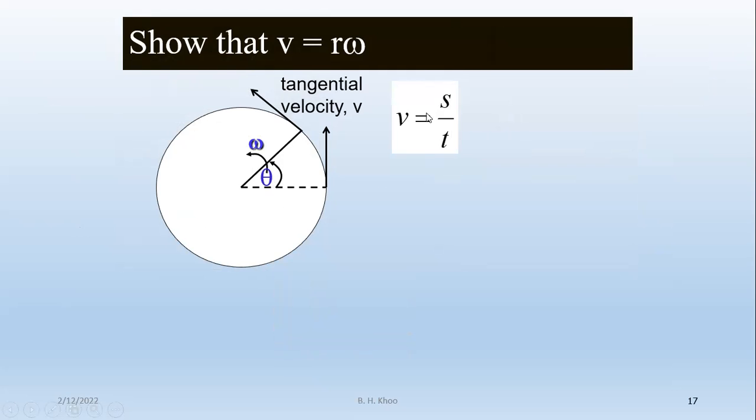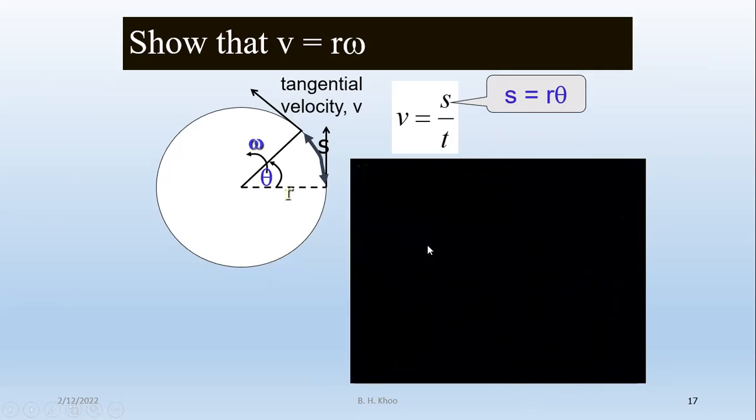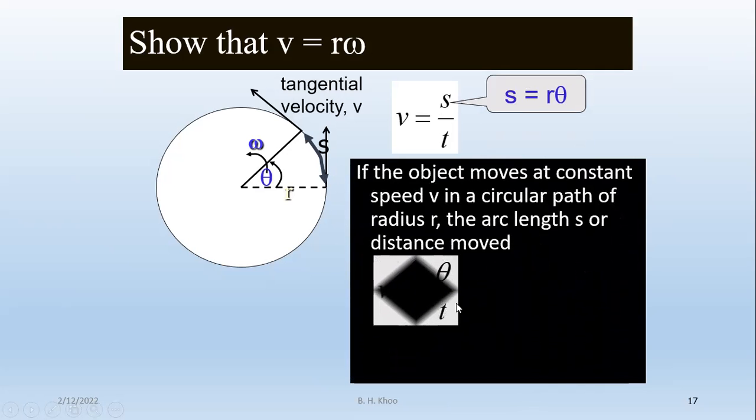And then there's omega. So we have v equals to distance divided by time. That is the distance, not displacement. That's the arc length s divided by the time t. And that's the radius. So we replace the s with our r theta. r is constant for the circle.